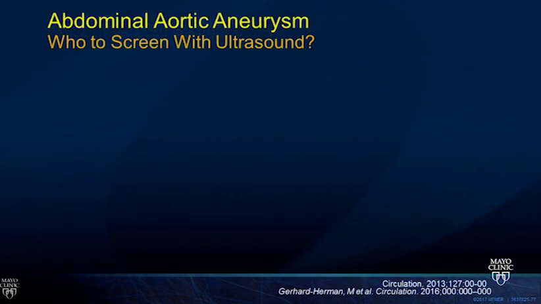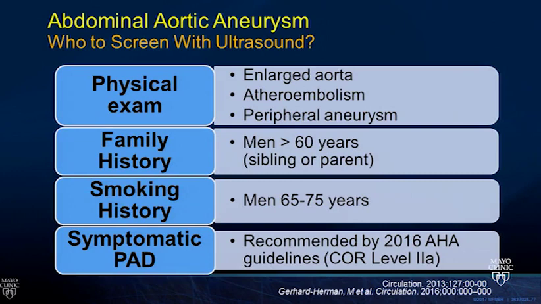So who do we screen with ultrasound for abdominal aortic aneurysm? So certainly on physical exam, if you find an enlarged aorta on abdominal palpation, if you find evidence of atheroemboli in the periphery, in their legs, certainly want to be screening for AAA. Or if you find peripheral aneurysm, and we'll look at popliteal arteries and their relationship with AAA, that family history, so men over the age of 60 should be screened if they've had a sibling or parent with a AAA.